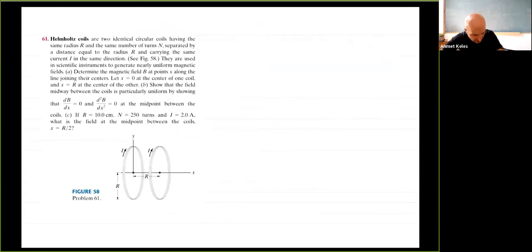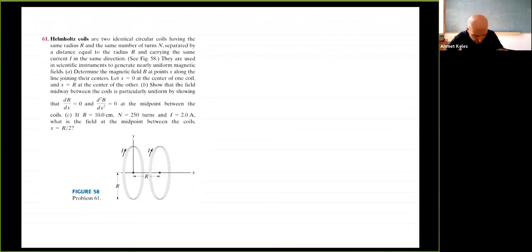Last question. Helmholtz coils are two identical circular coils having the same radius r and the same number of turns, separated by a distance equal to the radius r and carrying the same current I in the same direction, like this. They are used in scientific instruments to generate nearly uniform magnetic fields.